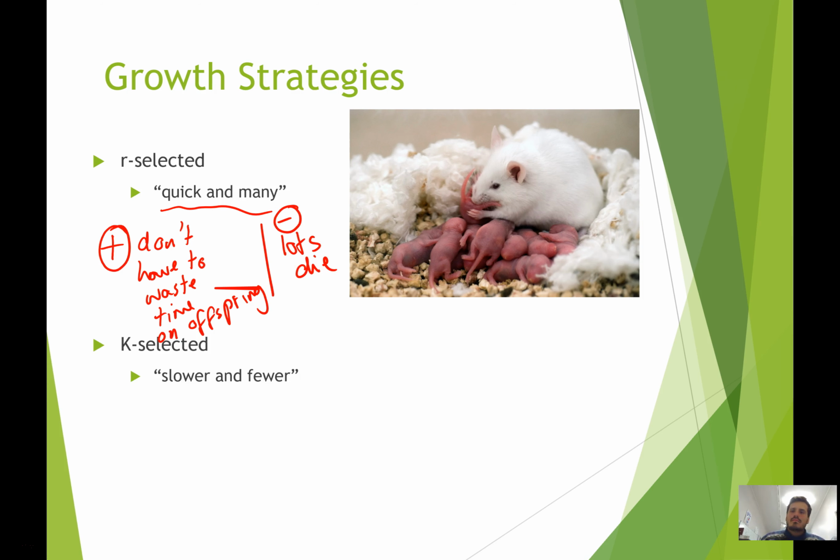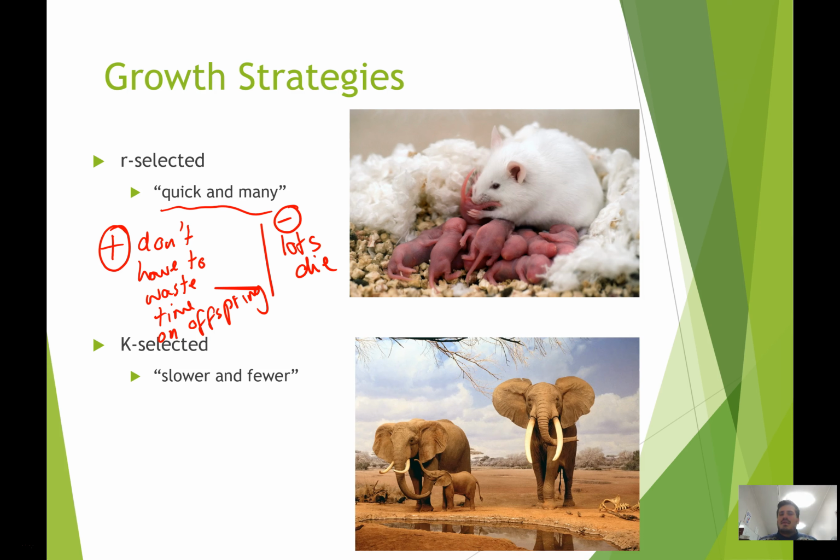On the other hand, the other kind of growth strategy is capital K selected, so K selected strategy, and this is just the opposite. It's slower and fewer. A great example of this is us humans and elephants. An elephant is only going to have one elephant calf at a time, and they're going to spend a lot of time, and that's, you ask your parents, that's a negative, right?